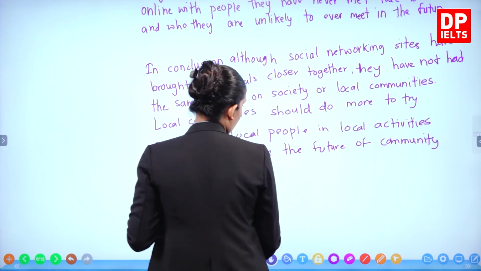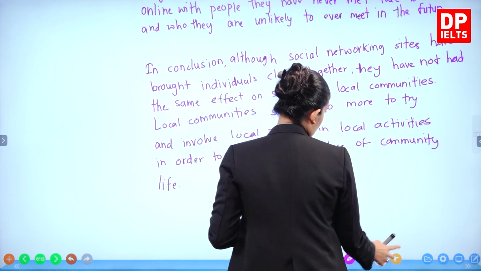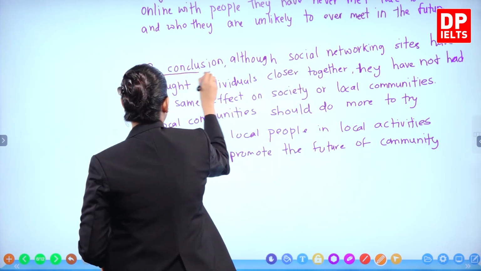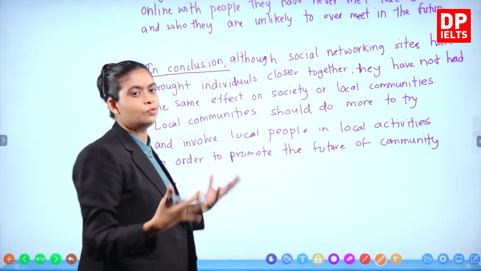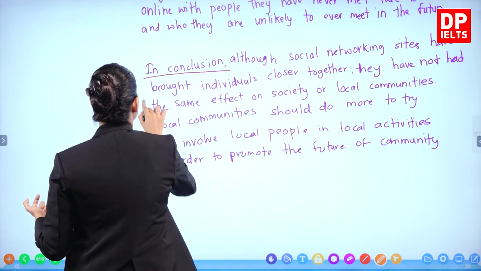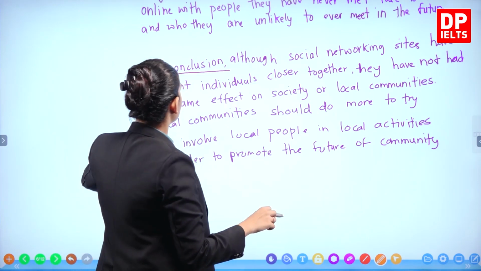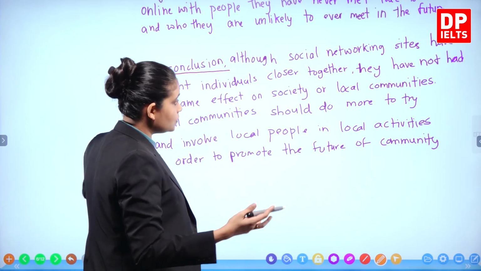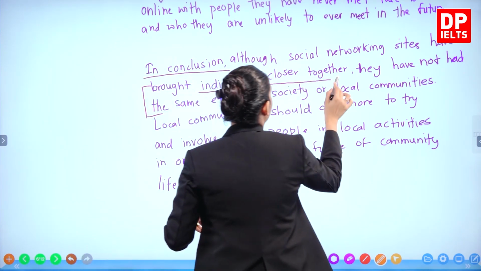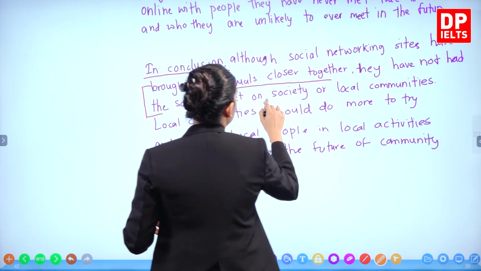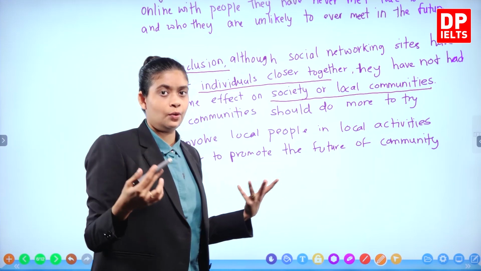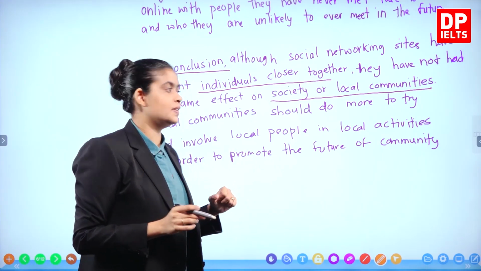Right, so here I have written the conclusion. Again, we use cohesive devices in the conclusion and then I write a summary. So this bit is a summary. Social networking sites have brought individuals closer together. That's my opinion and that's what I have written as well. They have not had the same effect on the society or local community. So that again is my view and I've merged it with the summary.